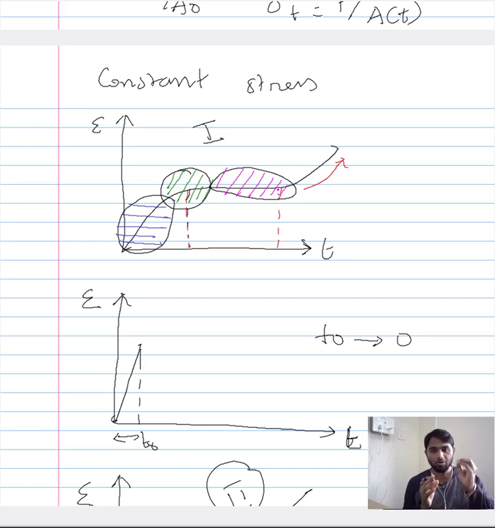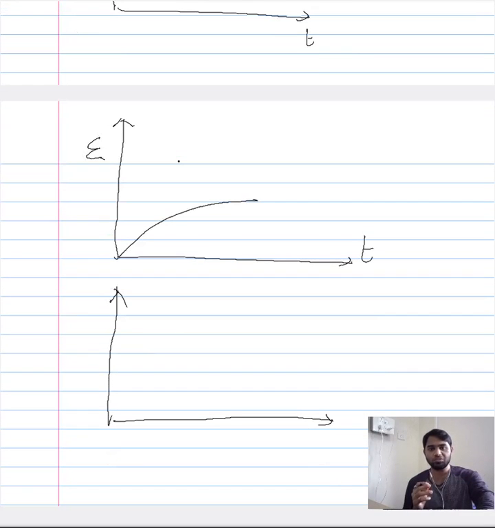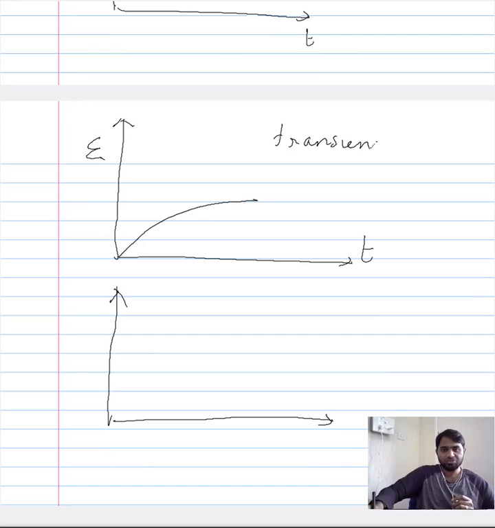When you focus on the rate at which the elongation happens in this region, there is a gradual decrease in the rate of elongation. So that is what we have seen here. Let us refer to this as the transient region.